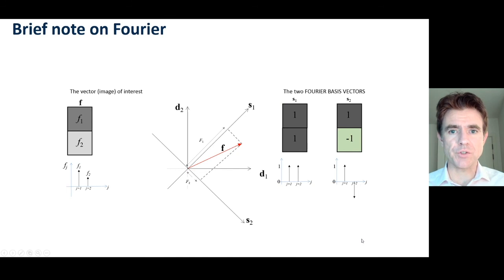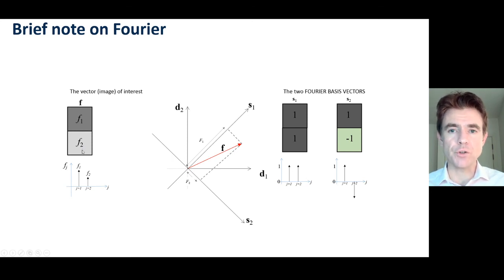Okay, so all of that has taken us to this slide, which is hopefully of use for conceptualizing and better understanding basis vectors. So there's our 2-pixel image, f1, f2. Could also be visualized in this way, almost like a 1D discrete function with just 2 samples, f1 and f2 at location j equals 1 and j equals 2. Okay, 2 pixels.